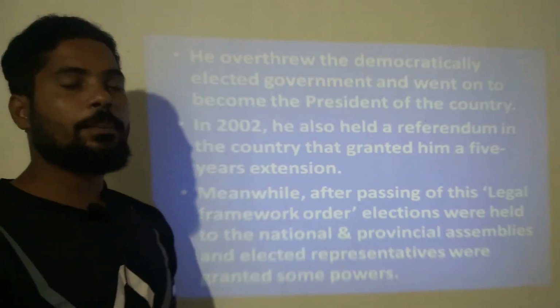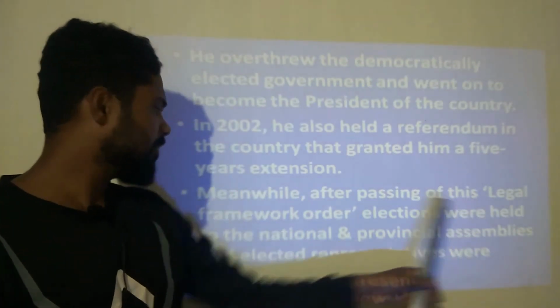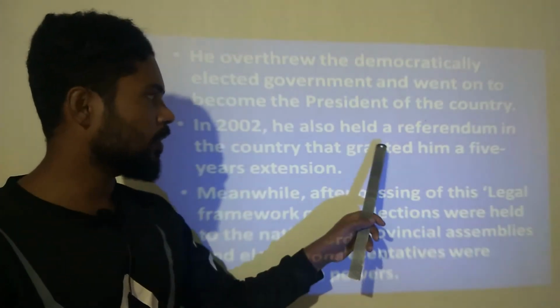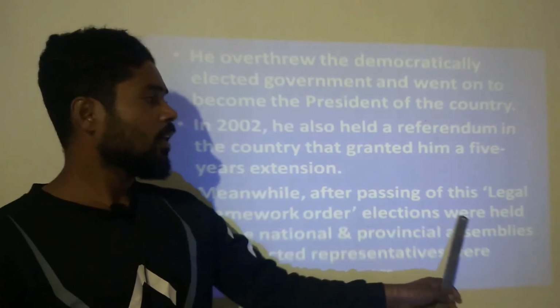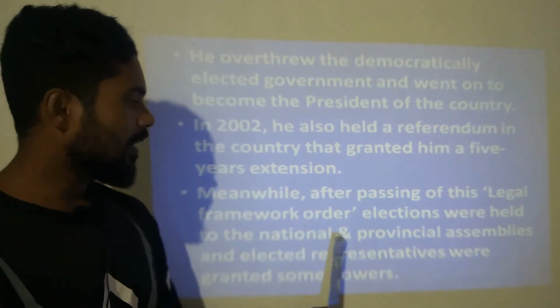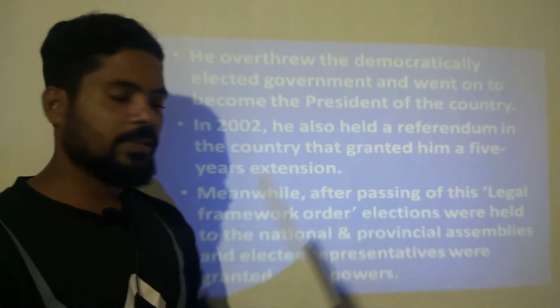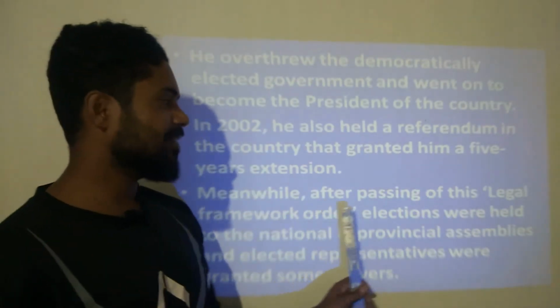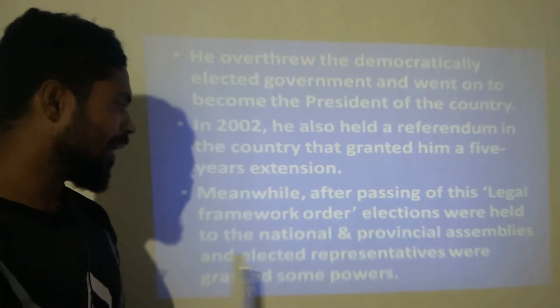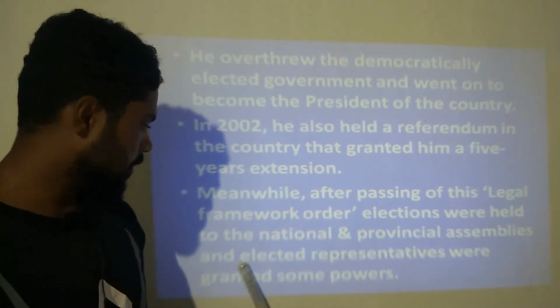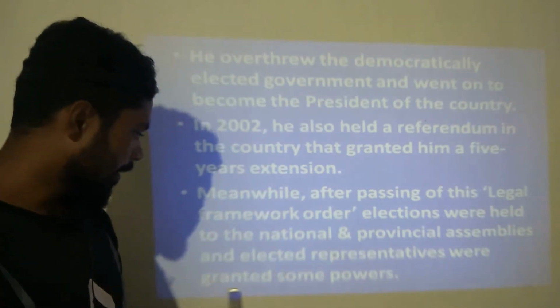Now meanwhile, what happened? After the passing of this Legal Framework Order, elections were held in the national and provincial assemblies. Those who got elected as representatives were granted some power.